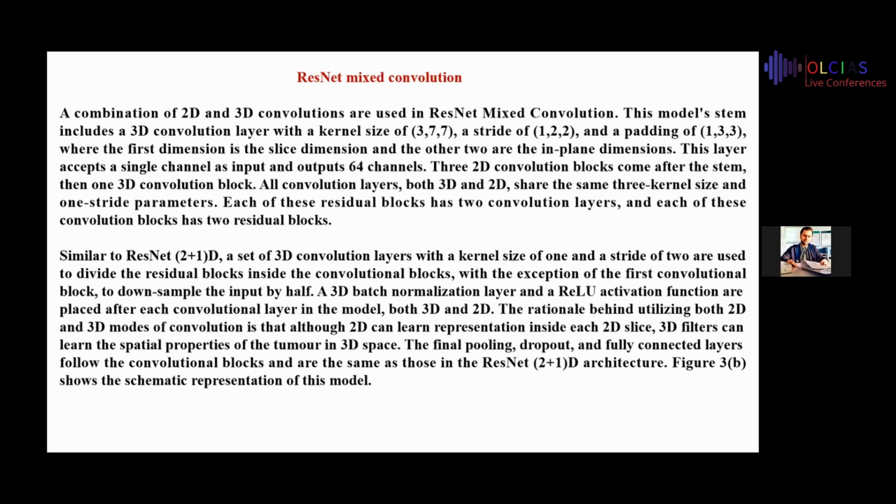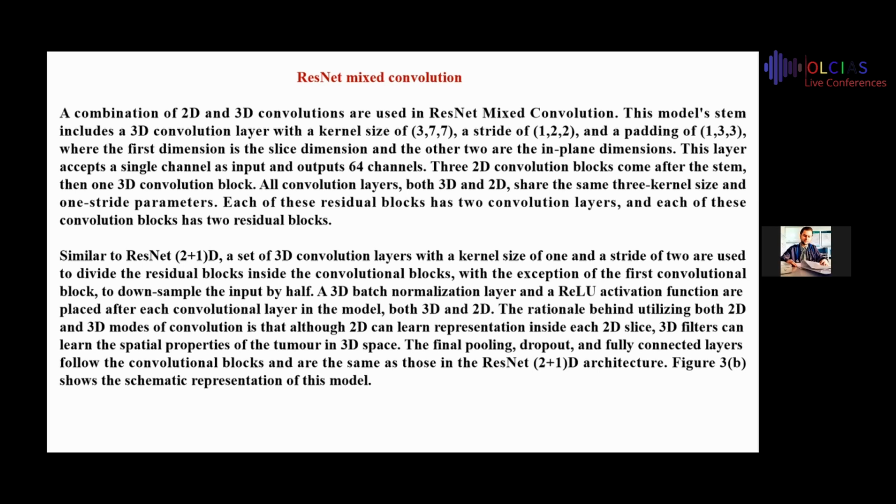This layer accepts a single channel as input and outputs 64 channels. 3 2D convolution blocks come after the stem and then one 3D convolution block. All layers, both 3D and 2D, share the same kernel size and stride parameters. Each of these convolution blocks has 2 residual blocks, and each of these residual blocks has 2 convolution layers.